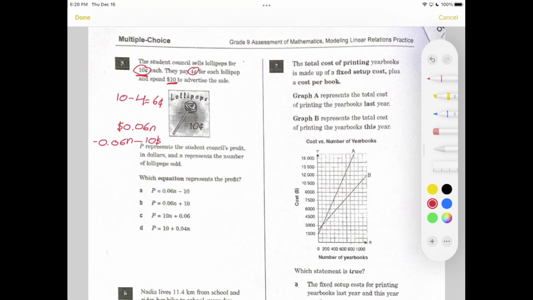It's going to be equal to P. So our formula should look something like this. And if we look down here, you can see that A fits this the best. It's exactly what we wrote down.